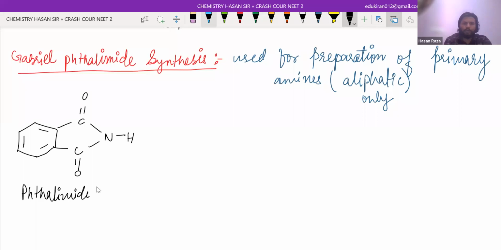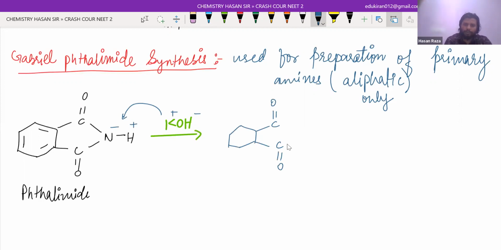First of all, you are going to react this phthalimide with KOH. You know that this will have positive, OH negative it is. So this will have negative and this will have positive, and this will have positive, this will have negative. So it will go with this, and it forms a salt. Like this, you can see this is your C double bond O, and this is also your C double bond O, and this is your N negative and K positive.